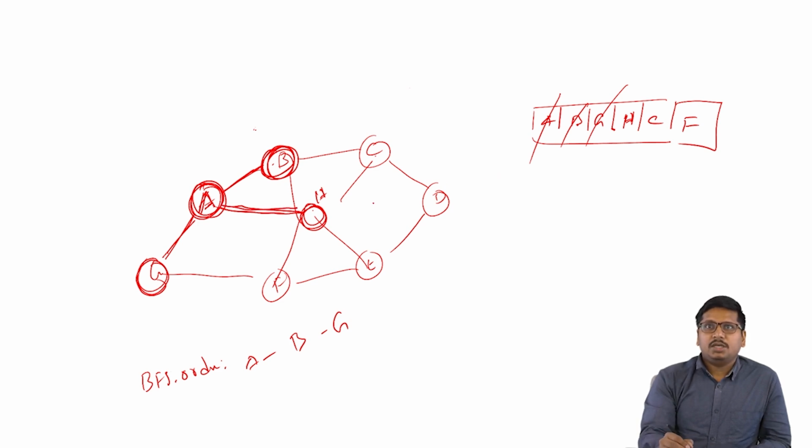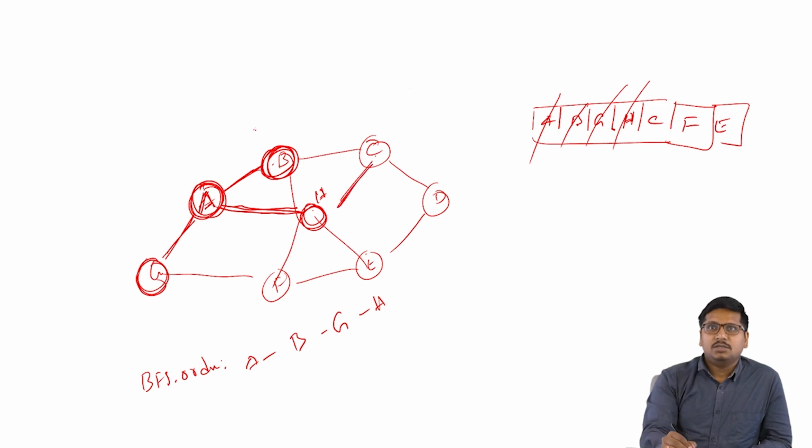So C and then E is there, so that's why I'm going to add E in this case. And remove this H. And for C, what are the nodes that are adjacent? D. D is not there, so add the D here. So I'm going to remove this.